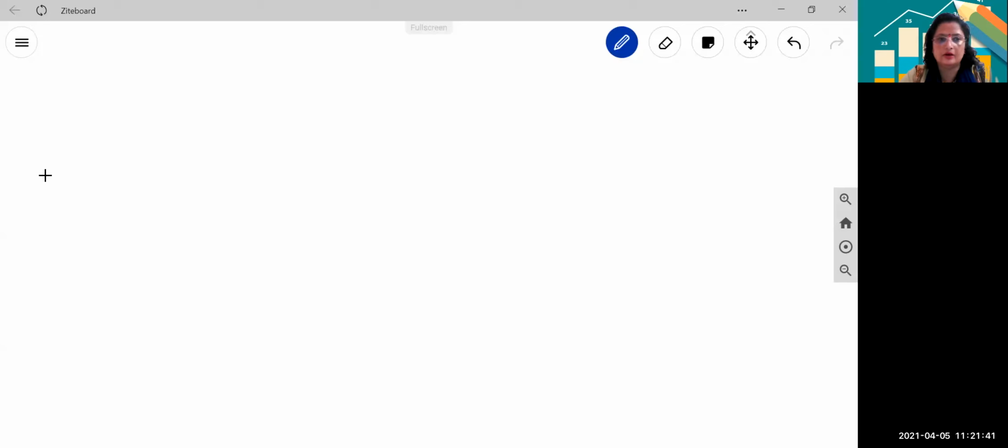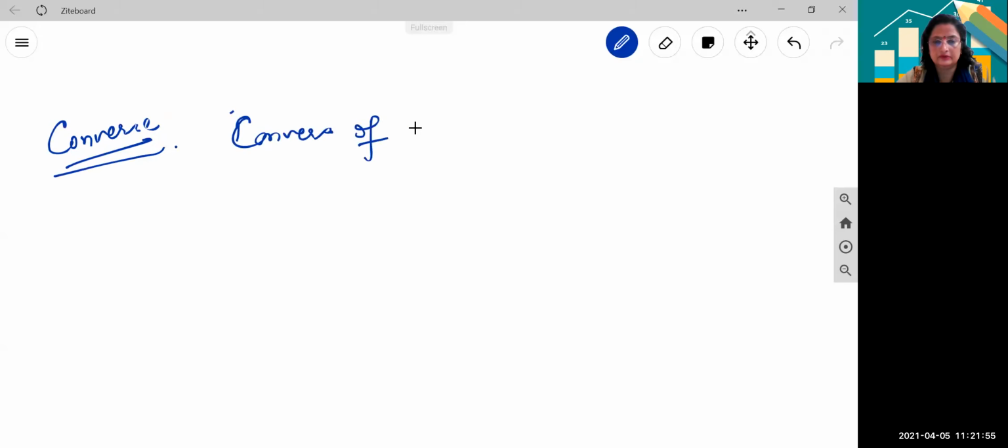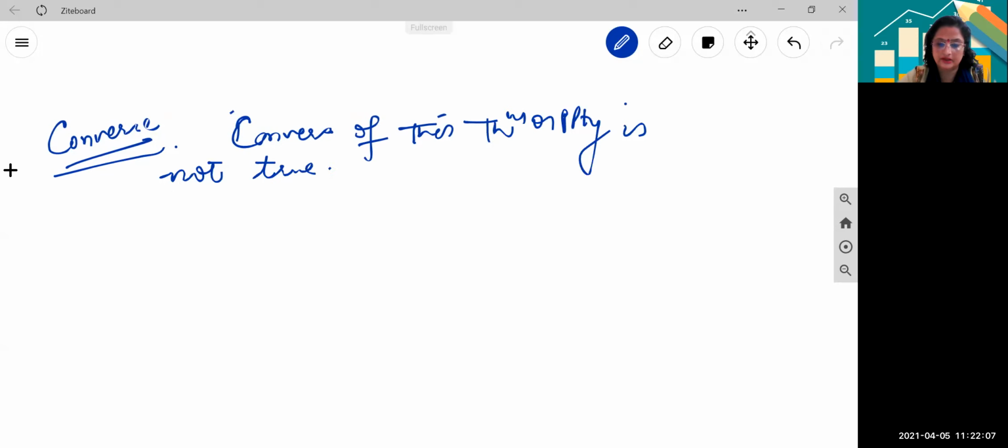So the converse of this property is not true. The converse of this theorem or property is not true, right?